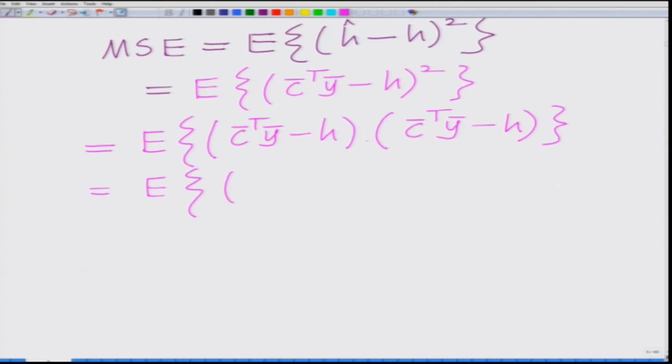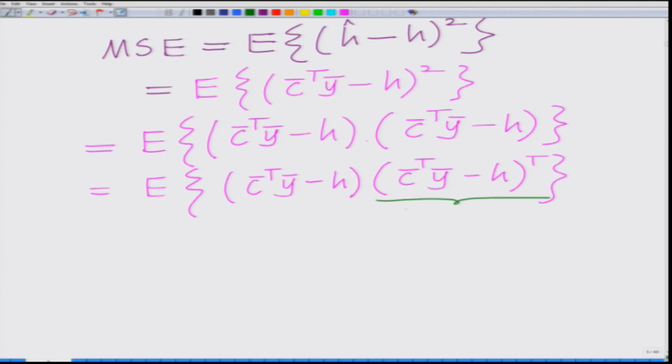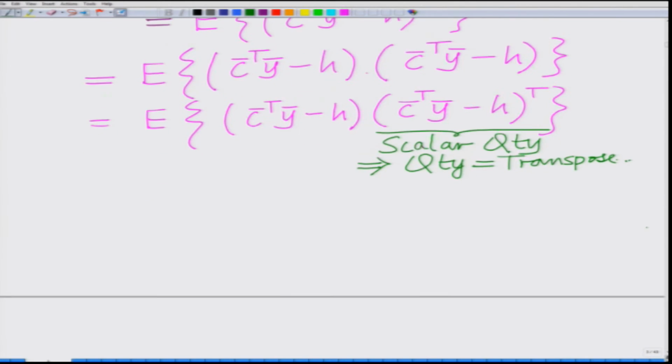So, I can write this as C bar transpose y bar minus H times C bar transpose y bar minus H transpose, since this is a scalar quantity, and a scalar quantity is equal to its transpose.